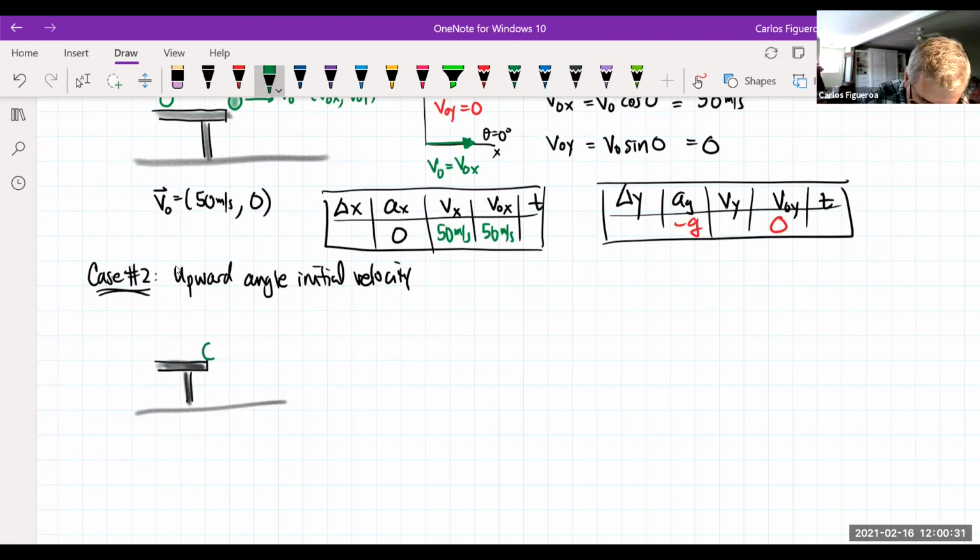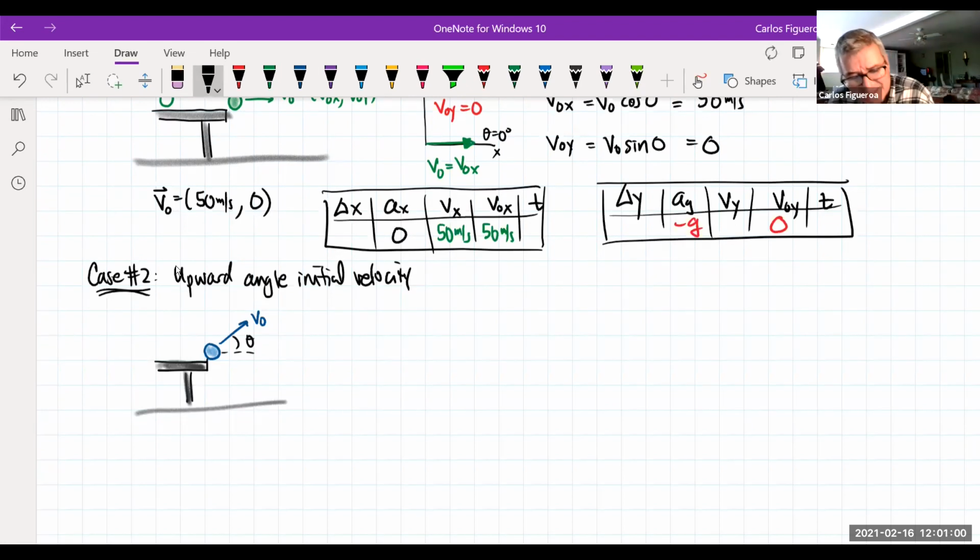But what I'm doing here is that when I shoot it, I'm now shooting this thing with some initial velocity that looks like what here? Well, I'm going to shoot it with some initial velocity like this, where you could see that there's some angle that I'm going to measure this thing from. Right? So there's some angle.